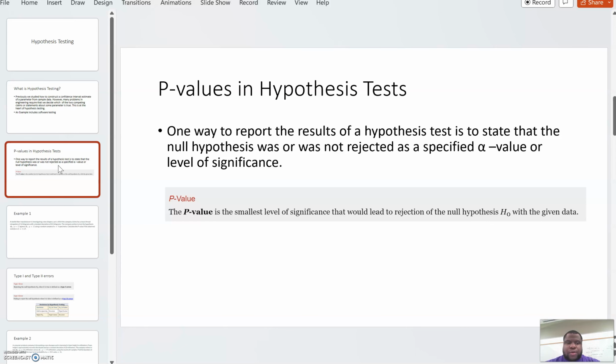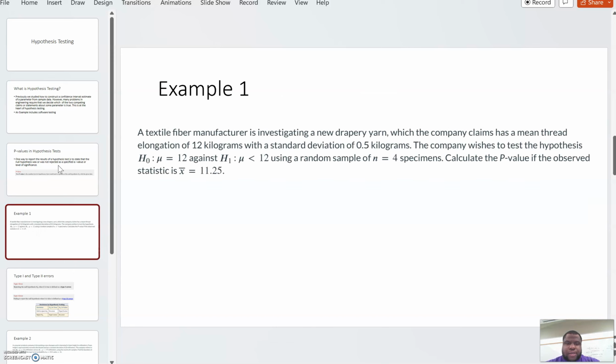So the H naught would be how things are versus H1 would be our new claim. If we go on to look at an example here, we have a textile fiber manufacturer investigating a new drapery yarn, which the company claims has a mean thread elongation of 12 kilograms with a standard deviation of 0.5 kilograms.